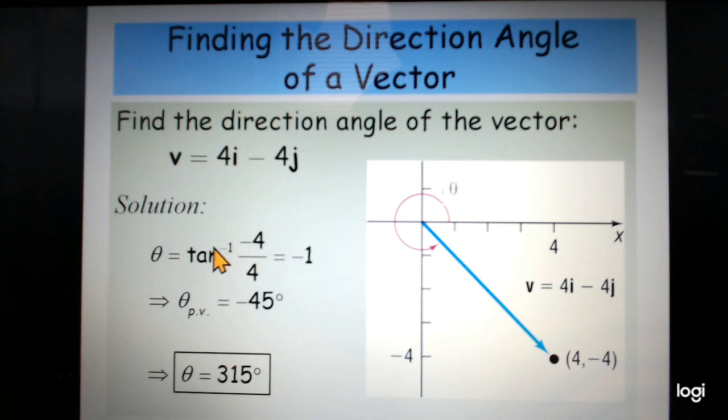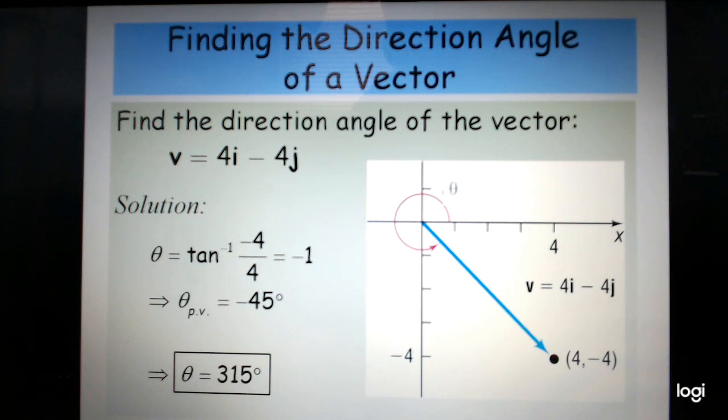So you put this in your calculator, arctan of negative 1, and you end up with negative 45 degrees, which is the angle here. Now don't forget, that's the principal value. What we want is the quadrant 4 angle, so the answer is 315 degrees. So that would be the direction of the vector.